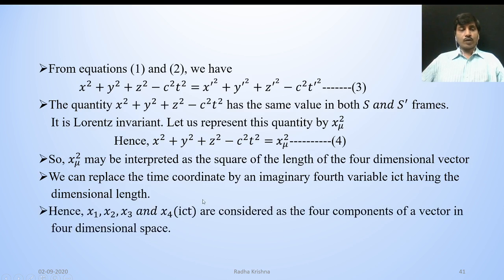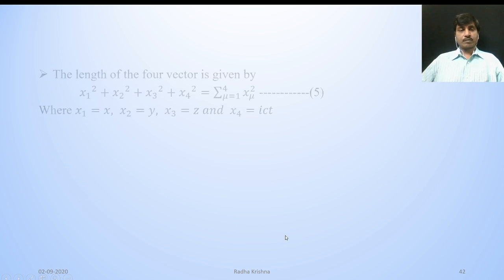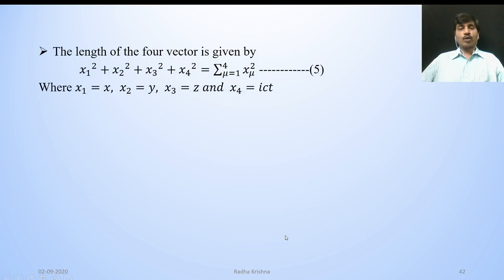Hence, x1, x2, x3 and x4, where x4 is equal to ict, are considered as the 4 components of a vector in 4-dimensional space. The length of the 4 vector is given by x1 square plus x2 square plus x3 square plus x4 square is equal to sigma mu is equal to 1 to 4 x mu square.